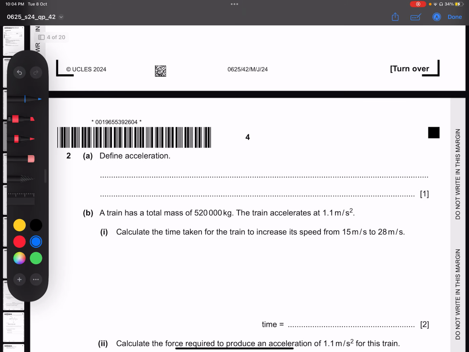Now we need to define acceleration. So acceleration is just v minus u by t, or delta v by delta t. Since delta v is just the change in velocity and delta t is per unit time, we can just write it as change in velocity per unit time.